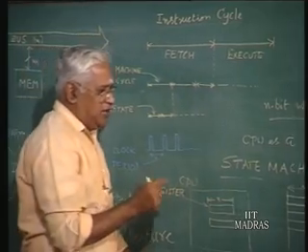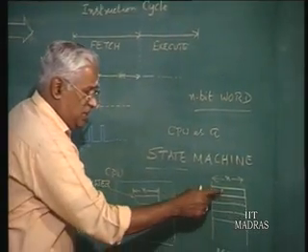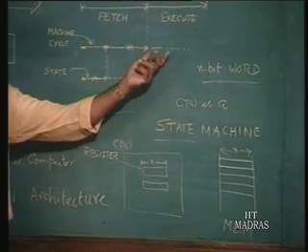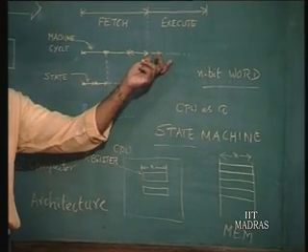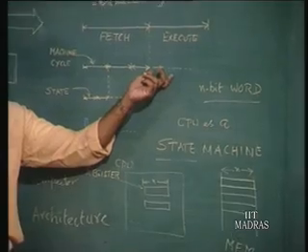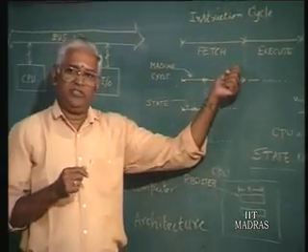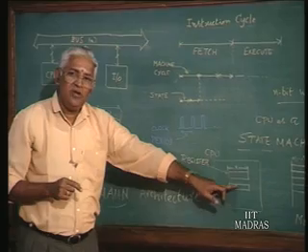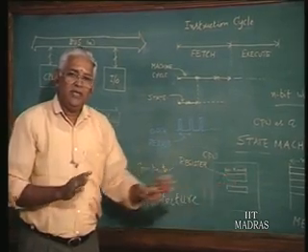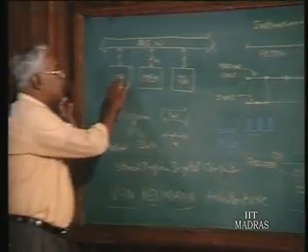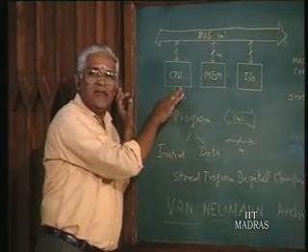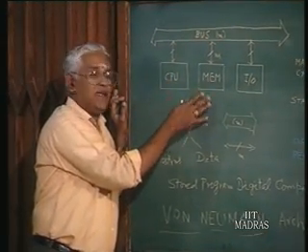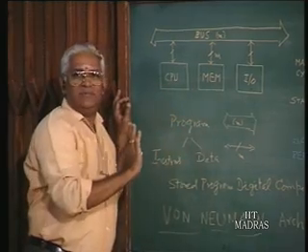Suppose the data that needs to be fetched from the memory happens to be a 2 word, then during data fetch there will be 2 machine cycles. On the other hand, if the instruction that is fetched points to data which is already available in the register in the CPU, in that case the CPU need not access the bus, the data is already available here. So the CPU always accesses and gets what it does not have.